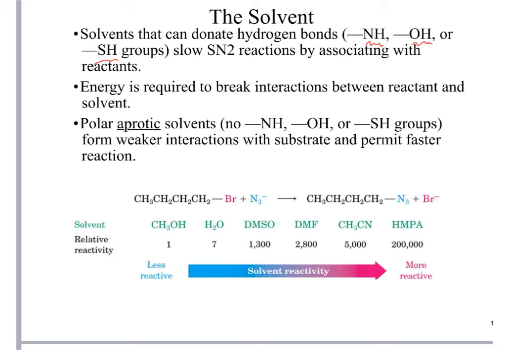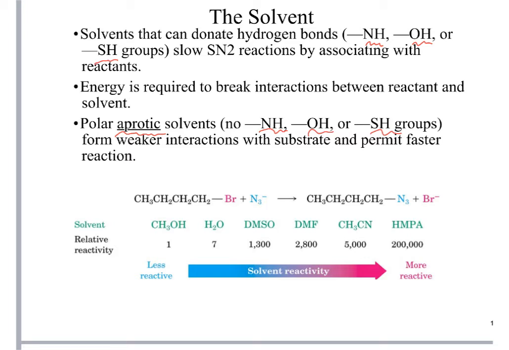Therefore, the best solvents for SN2 reactions are aprotic solvents, solvents that do not have hydrogen bonds that can be donated or associated with the reactant.